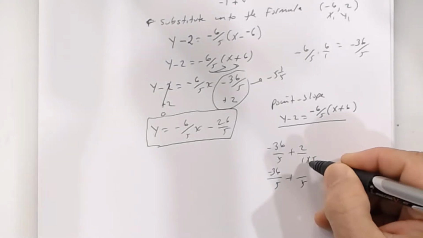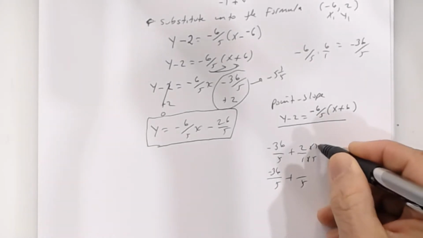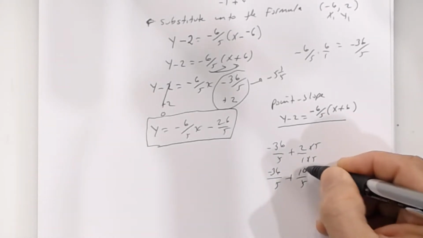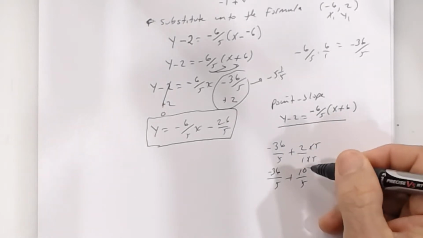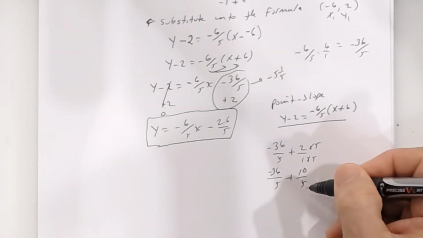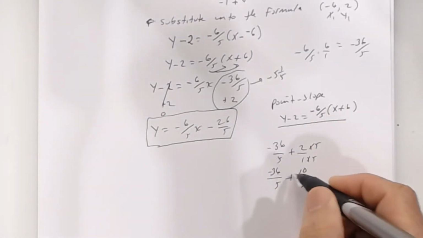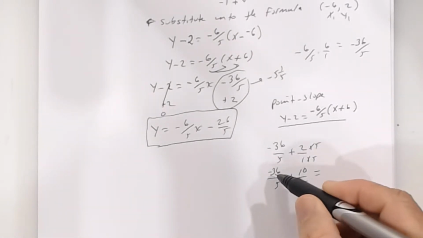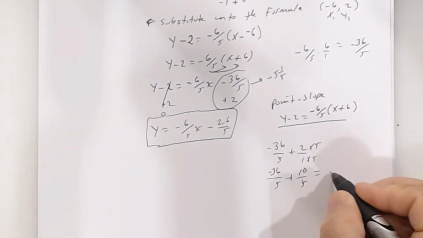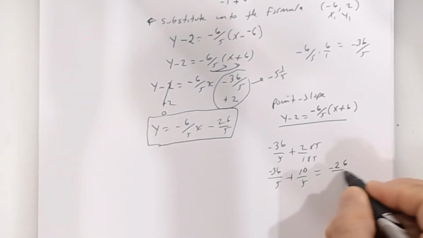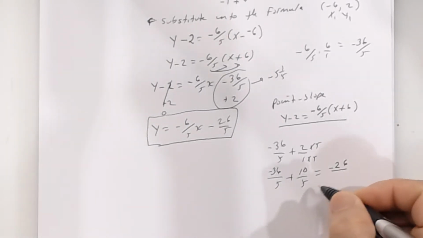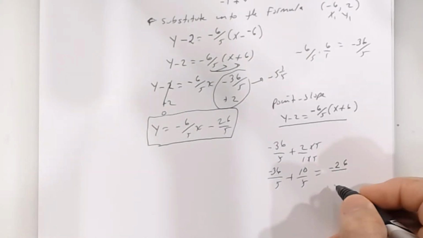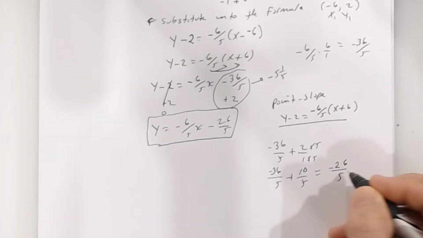But what I do to the denominator, I've got to do to the numerator. So 2 times 5 is 10. So 2 is equivalent to 10/5. Now I add these two fractions because they have the same denominator now. What's negative 36 plus 10? Negative 26. And then don't say 5 plus 5 is 10. You got to keep the denominator. What's the denominator? 5. And that's what we had.